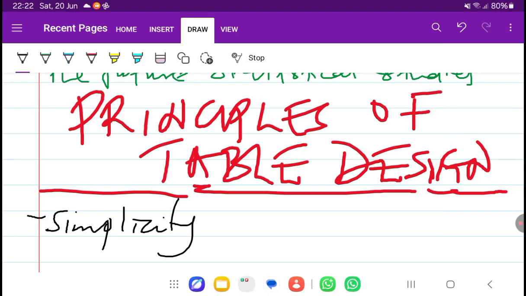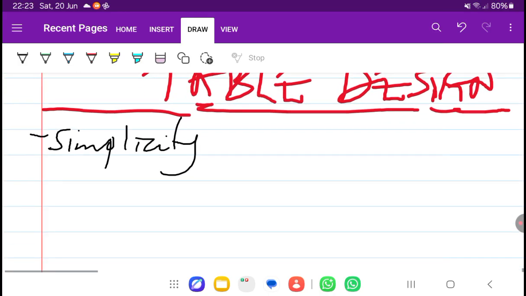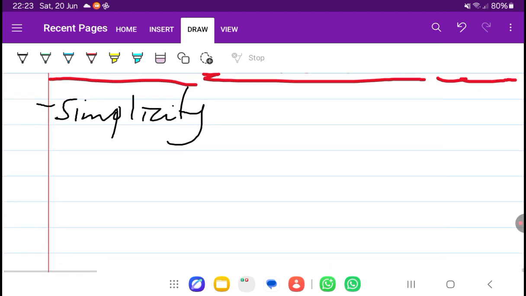So it is better, when we are constructing these tables, to simplify by putting in a few kinds of information that are going to be understood than having a lot of information that is not going to be understood by the respondents.